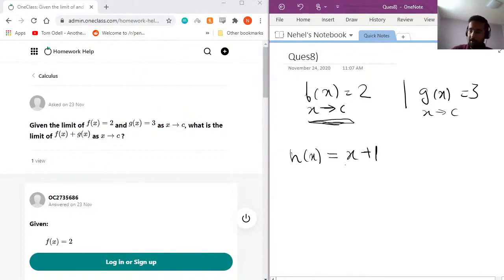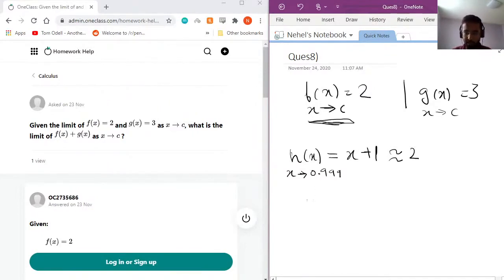Now if I know that the value of x is very close to, let's say, 0.999, we know that this expression h of x would tend to or be almost equal to 2. So that's how limits work. We know the final value, or at least what it's close to, and then from that we can estimate the value of the function itself.